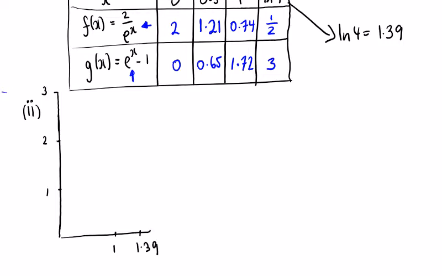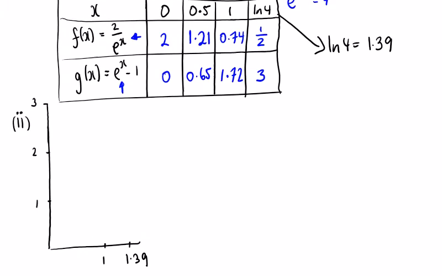Just change colors. We'll do f of x first, in green. So when x is 0, f of x is equal to 2. When x is equal to 0.5, so I'll just put a little dash down here, 0.5, 1.21.